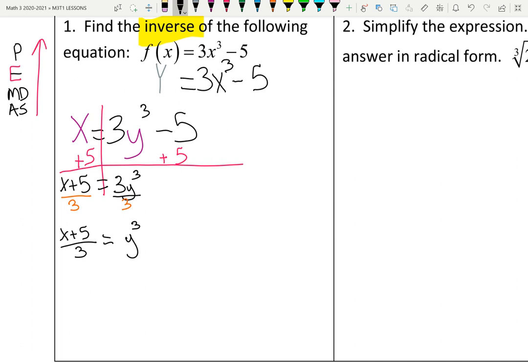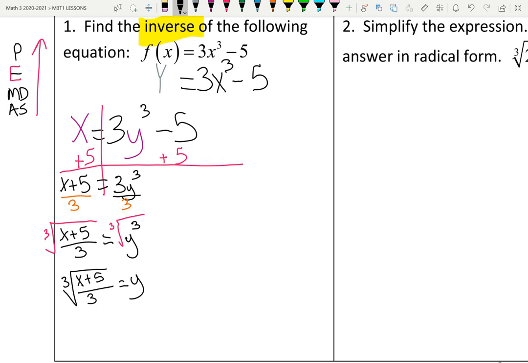I've done my adding and subtracting, I've done my multiply and divide. Now I have to do my exponent. I have to get rid of the exponent of y to the third. So I'm going to take the cube root of the right side and the left side. I just rewrite it: the cube root of x plus 5 divided by 3 is equal to y.